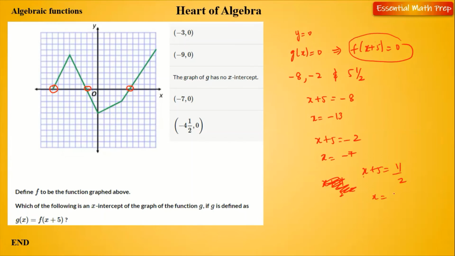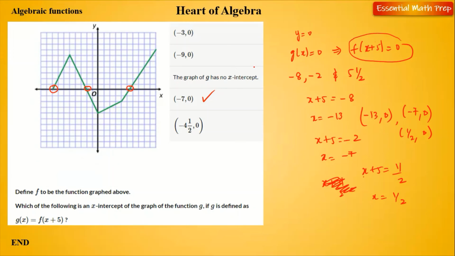So x equals 1/2. Okay, that means the intercept points are -13, 0, because y is 0, right? -7, 0, and 1/2, 0. I think -7, 0 is the only choice provided here. So that is the correct answer.